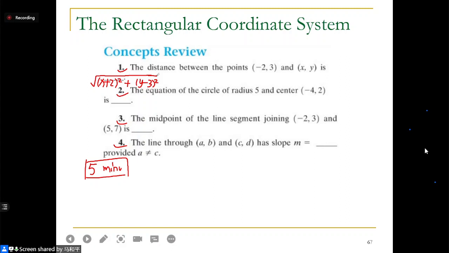If you don't know this, it means you didn't review what we learned last time. The second one: the equation of the circle of radius 5 and center (-4, 2) is? (x + 4) squared plus (y - 2) squared is 25.